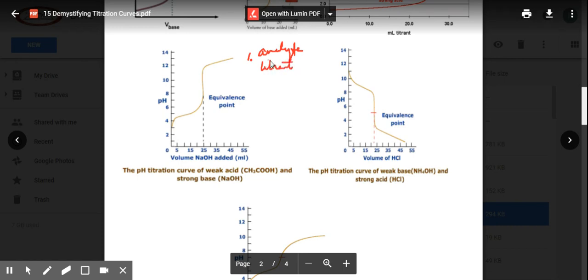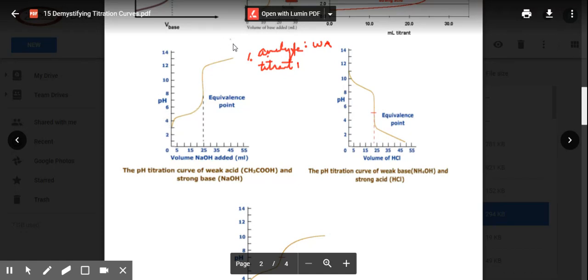For our analyte, we look at the beginning pH, and you see that this beginning pH is around 3. What that tells me is that the analyte is a weak acid, because weak acids have pHs around 3 to 5.